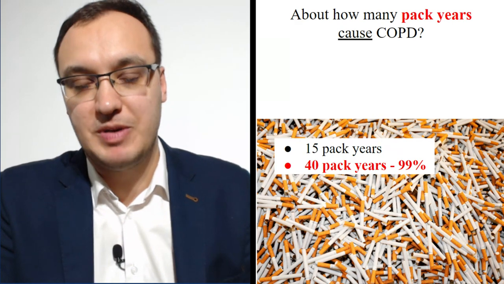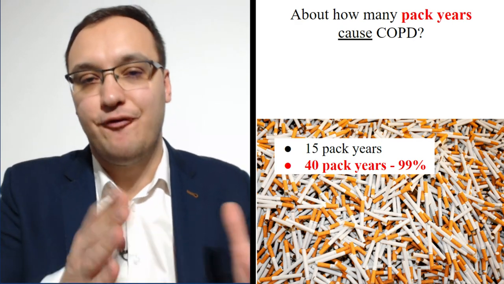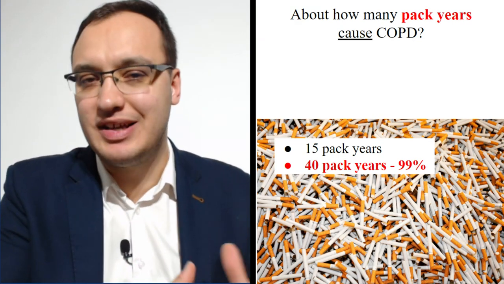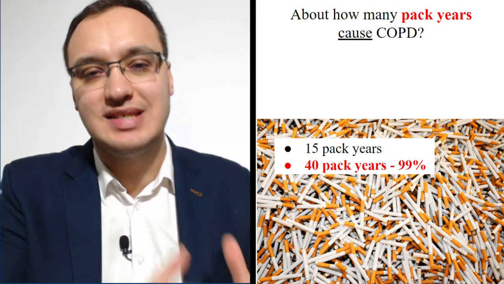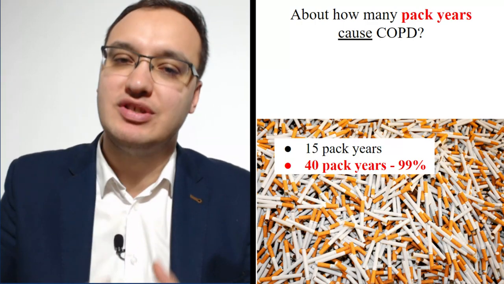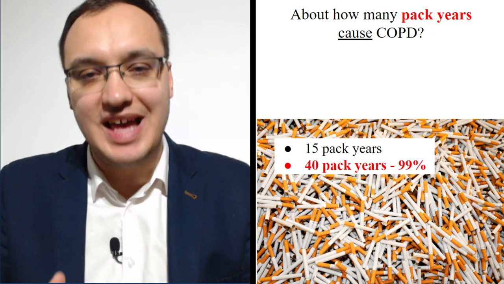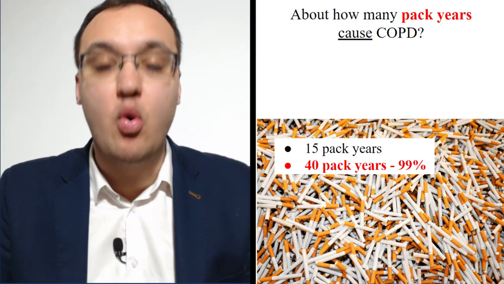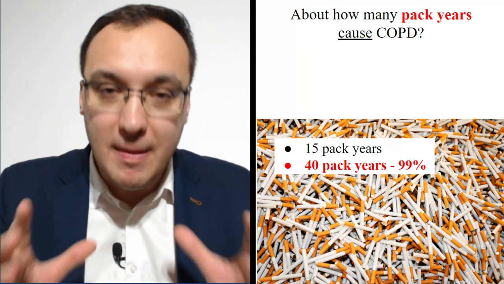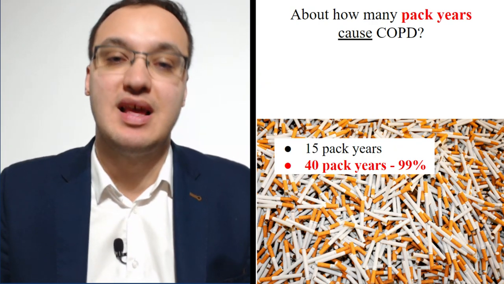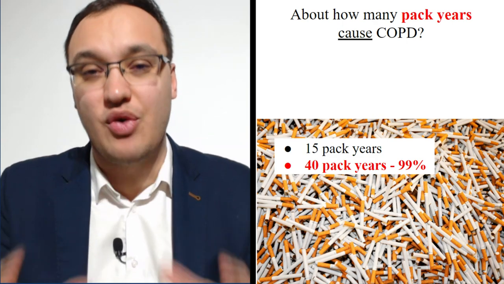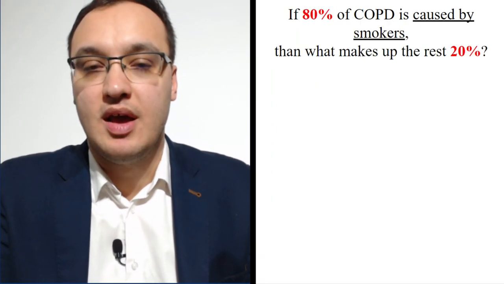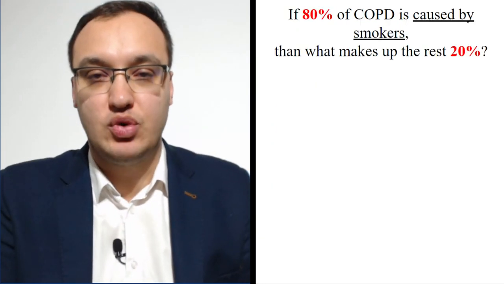So if you look at this picture there, if you would take 40 pack years, if you would calculate how many it is, like 20 cigarettes per day times 365 days a year, and then times 40, you would be completely blown away about how much smoking that is, how much destruction you have in your lungs. 80% of COPD, we said, are smoking.